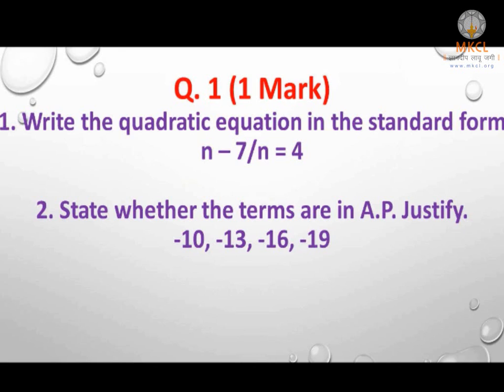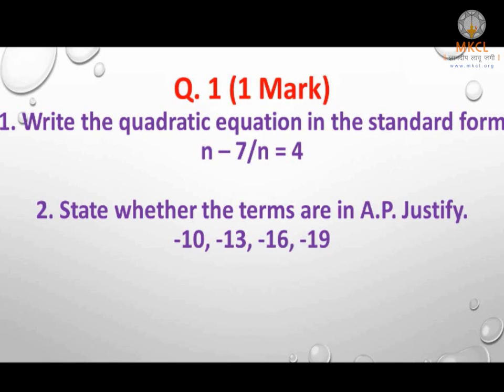Now, on the face of it, this doesn't look like a quadratic equation because the highest degree of the variable is not 2. But you will notice there is a denominator n which will have to be removed. It can be done in 2 ways. Either we take the LCM or we multiply each term by the common LCM.